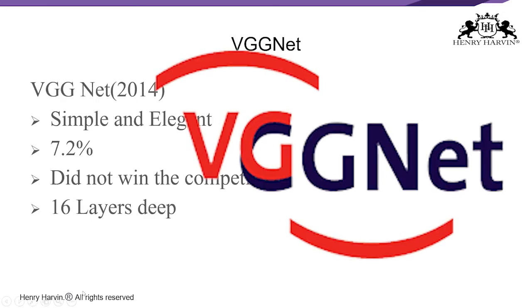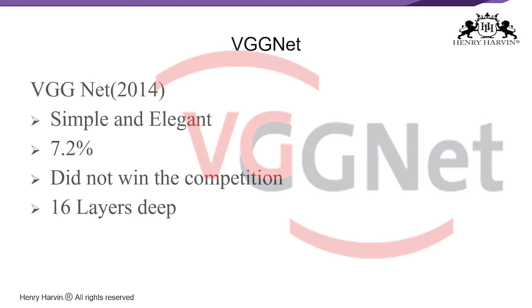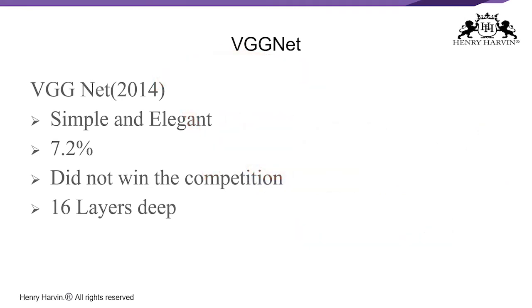The next one is VGGNet, from 2014. We are not very happy with this because it is not the winner of the classification challenge, but it was a winner of the localization challenge. If you look into VGGNet, it is simple and elegant. Previously in ZFNet the error rate was 11.2 percent, but in VGGNet it is reduced to 7.2 percent.